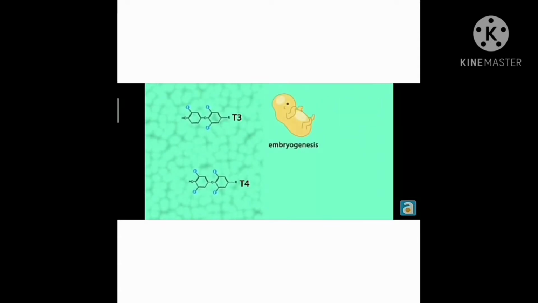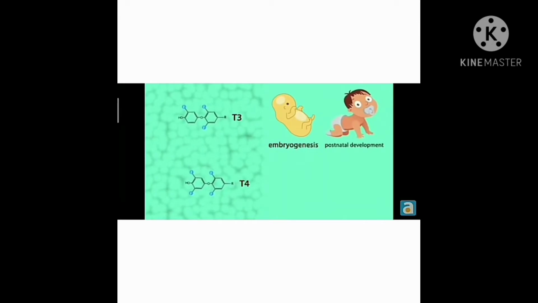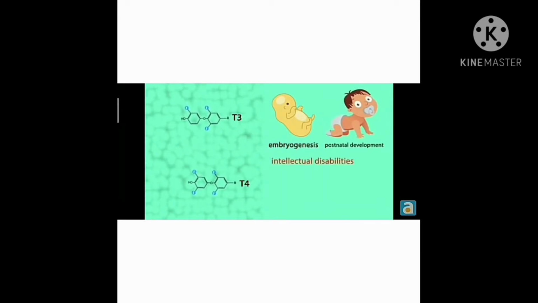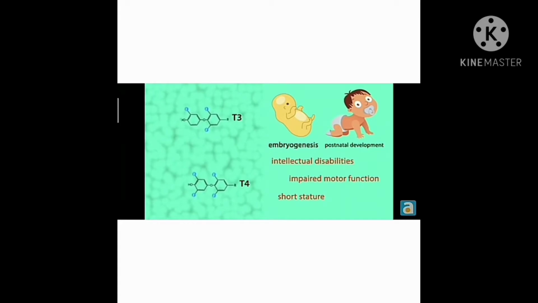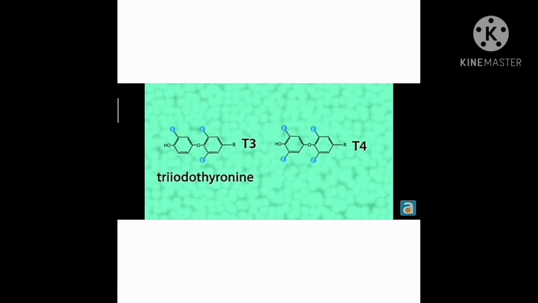Not enough thyroid hormones during embryogenesis and postnatal development result in intellectual disabilities, impaired motor functions and short stature. Thyroid hormones control these functions by regulating the expression of genes involved in these processes. This is known as genomic regulation.